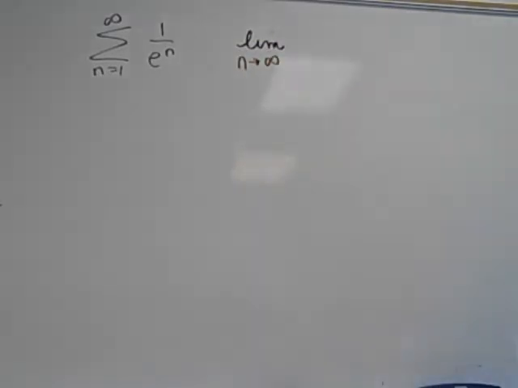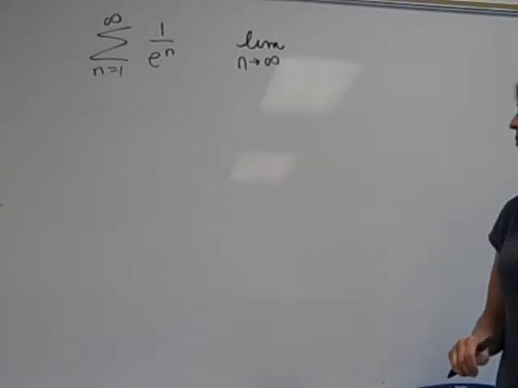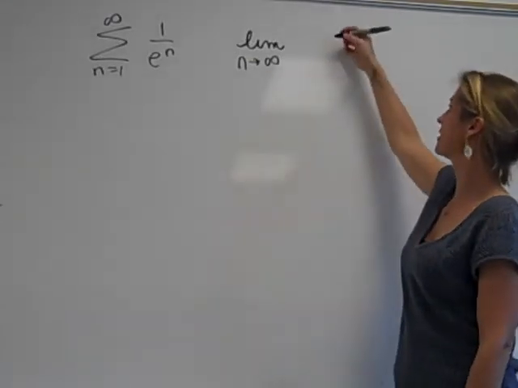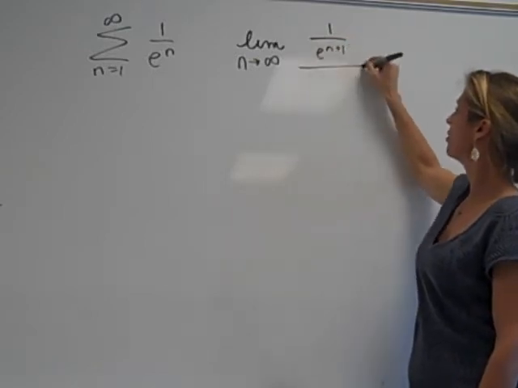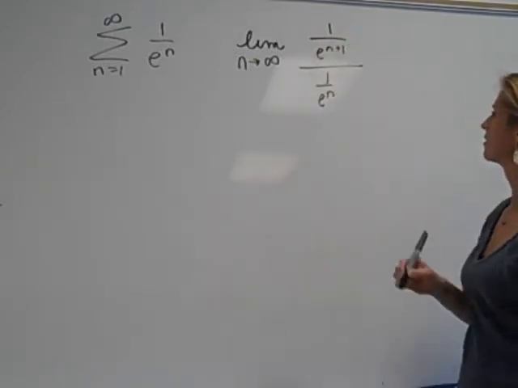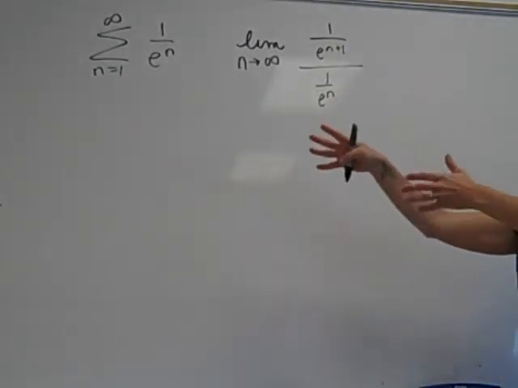how this works is like this. The ratio test says we're going to take the n+1th term and put it over the nth term. So all I'm going to do is take this series and write it as 1 over e to the n+1 over 1 over e to the n. This is the setup of what I'm being asked to do in the ratio test.